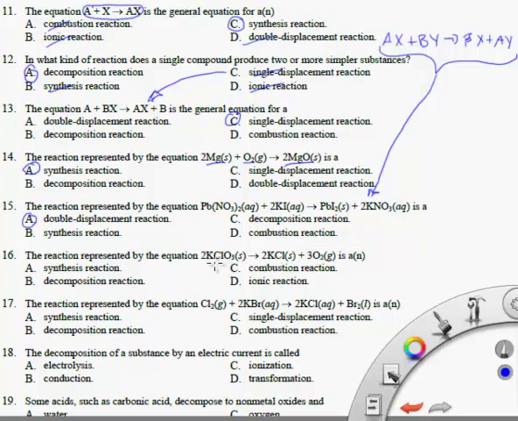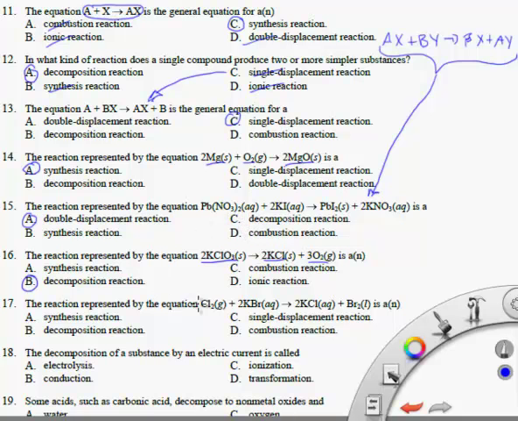Reaction represented by KClO3 yielding KCl plus O2. Here, you have a single complex substance breaking down into two or more simpler substances. We have a decomposition reaction in this instance.